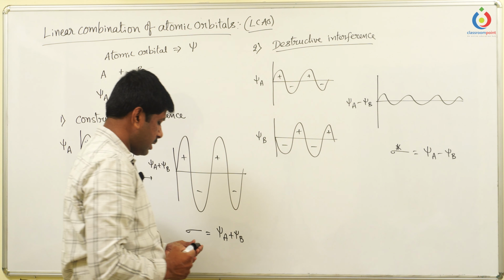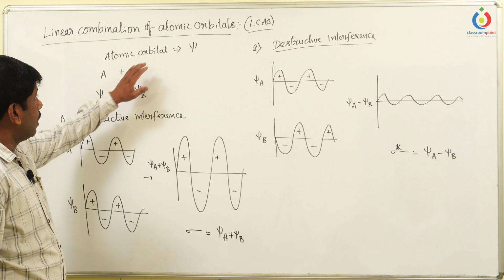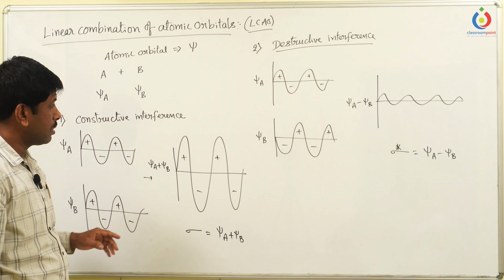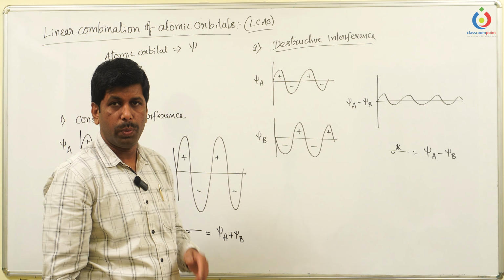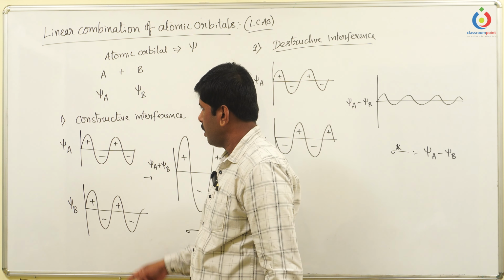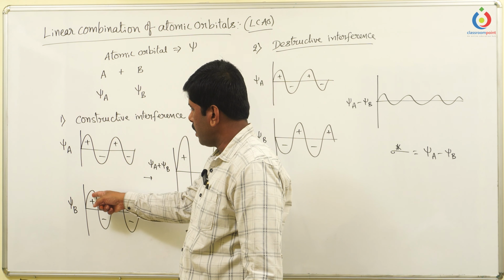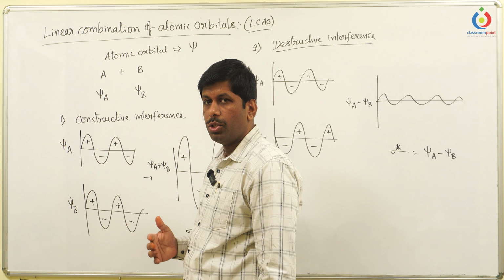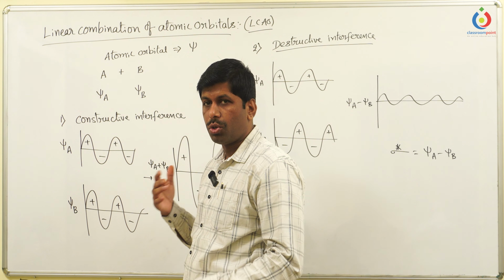So here we can understand clearly that the intermixing of atomic orbitals to produce the molecular orbitals can take place in two ways. When the in-plane interaction takes place, meaning both are in the same plane, the interference will be stronger.